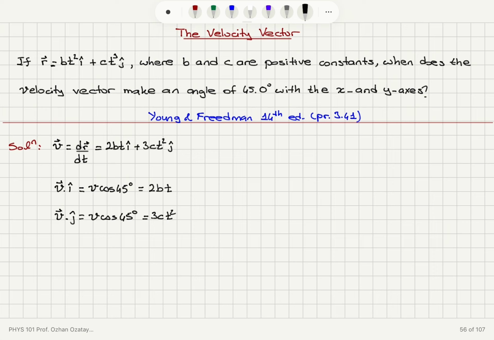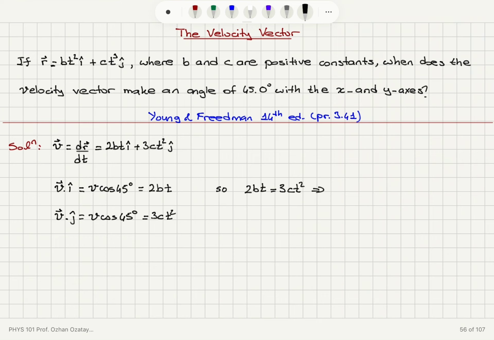So I obtain 2bt equals 3ct square. So how is that possible?